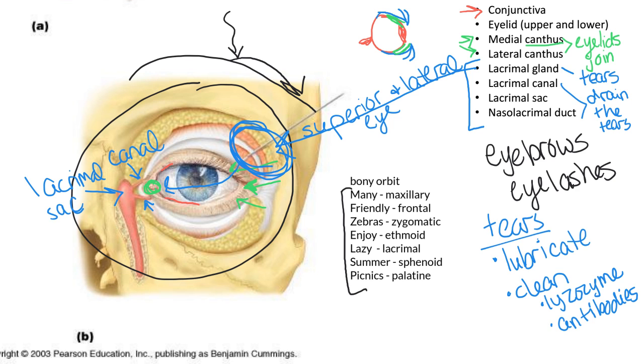All right, so here's the lacrimal sac, and then here's the nasolacrimal duct. And that's going to be our final draining place for the tears. And it's going to actually drain down into the nasal cavity. That's part of why when we're crying, our nose gets stuffy and we can feel things running down into our nose there.